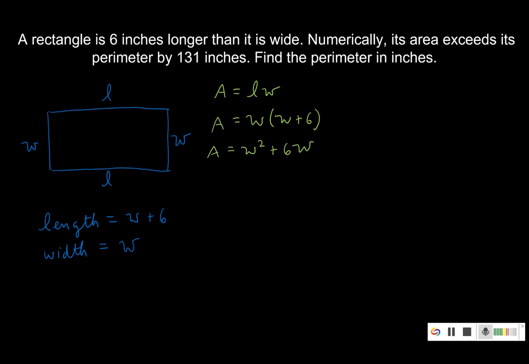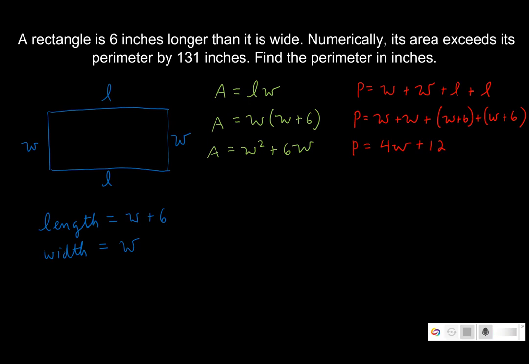The next thing that I need to find is the perimeter of this rectangle. So I know that the formula for the perimeter of a rectangle is just the sum of all the sides. So add all the sides together. That would give me W plus W plus L plus L. Plugging into my formula would give me W plus W, the sum of the widths, plus we let the length be represented by W plus 6.